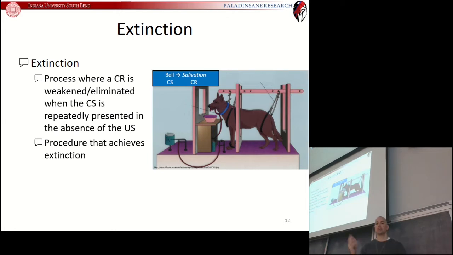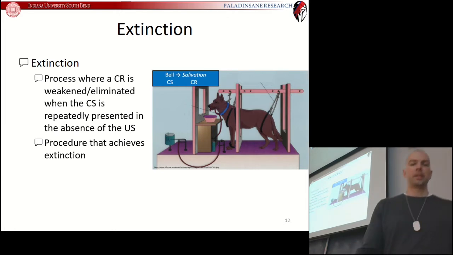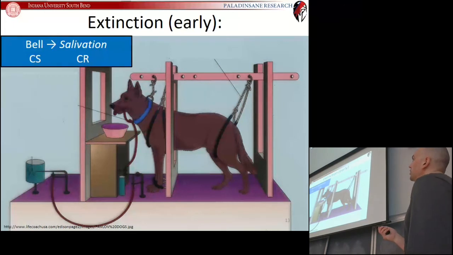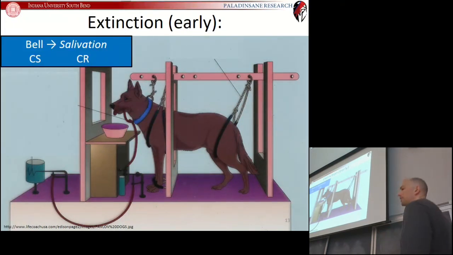So, for example, let's say that you trained this dog here so that every time you ring that bell, the dog starts salivating. The bell is a conditioned stimulus, or has changed into a conditioned stimulus. The salivation is a conditioned response. Now let's say that you think to yourself, you know what, I want to take this dog home, but I don't want it drooling all over the carpet every single time somebody rings the doorbell.